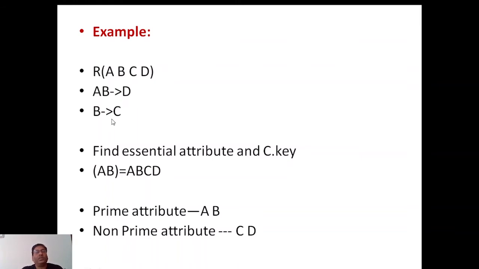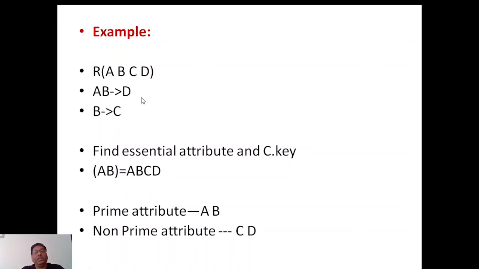Then we are asked to find out whether this particular relation exists in a particular normal form or not. So for that, what are we going to do? First, we are going to find the essential attributes and the candidate key for this particular relation.